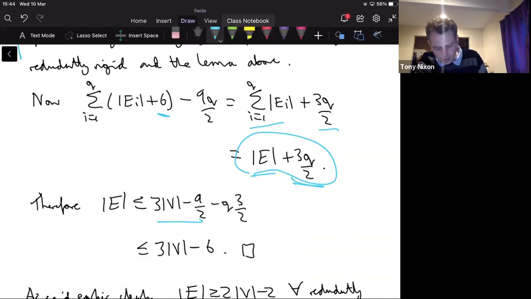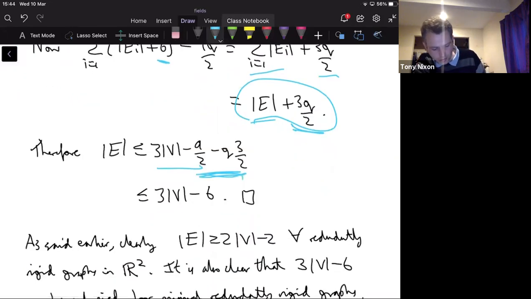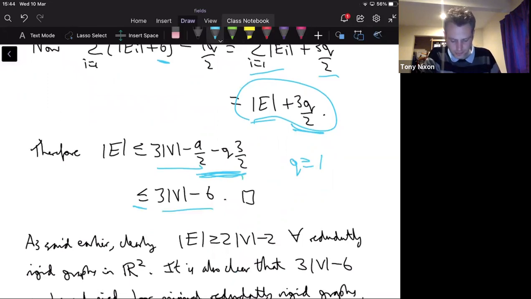And then these 9 and 3 give me minus 12 over, sorry, well, if Q is 1, but Q is obviously at least 1, and so another inequality gives me the minus 6 I want to finish the theorem, lemma, whatever it was we were proving.